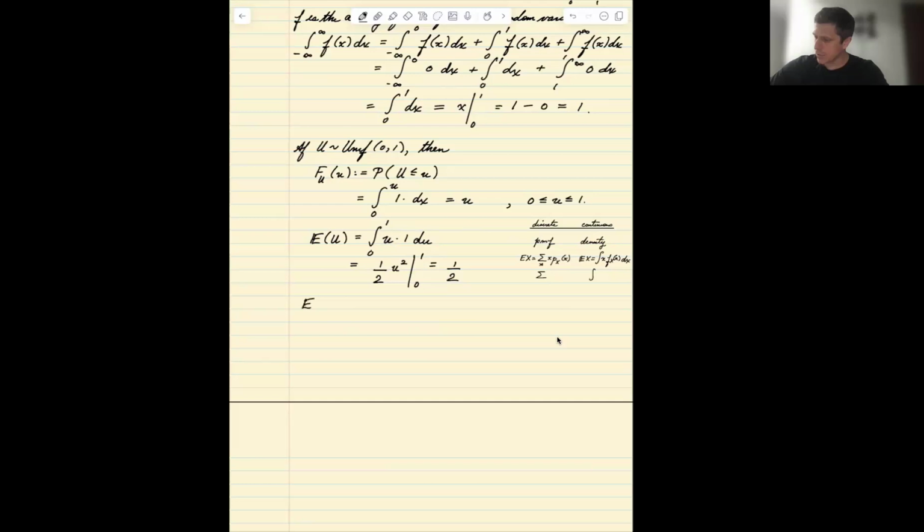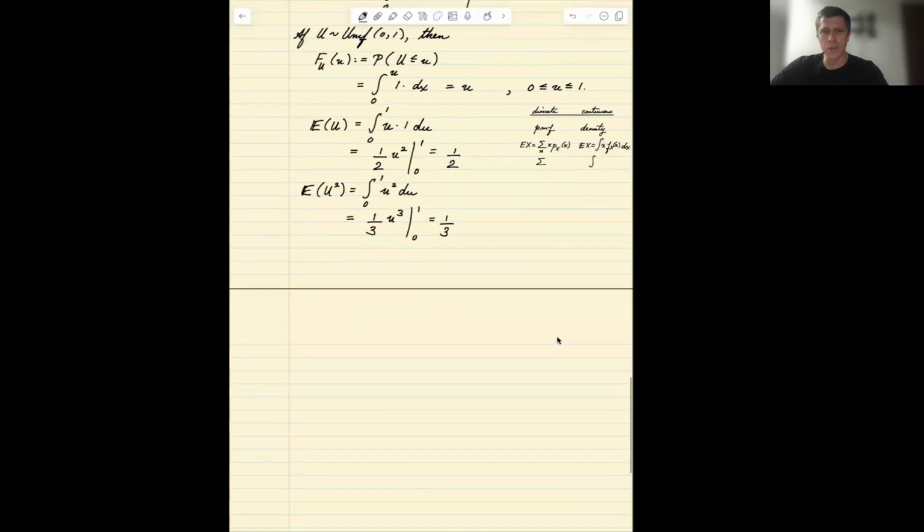The expectation of U squared, same exact premise: 0 to 1, u squared times the density, just 1. The antiderivative is 1/3 u cubed, again from 0 to 1. So that expectation is 1/3.